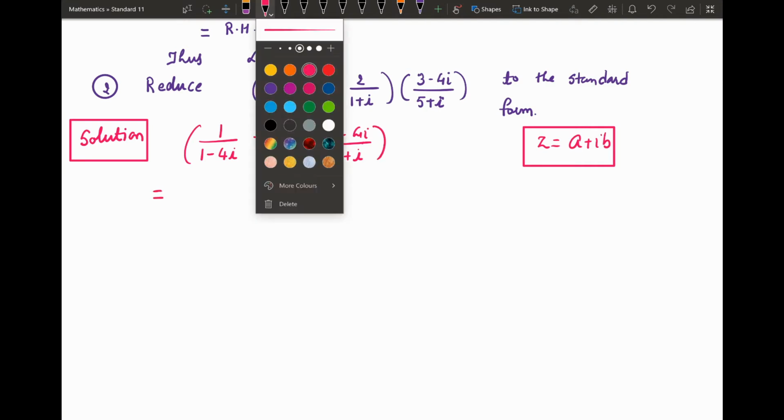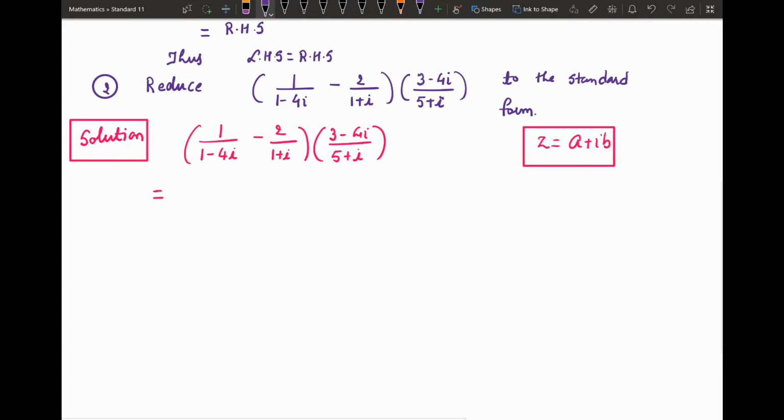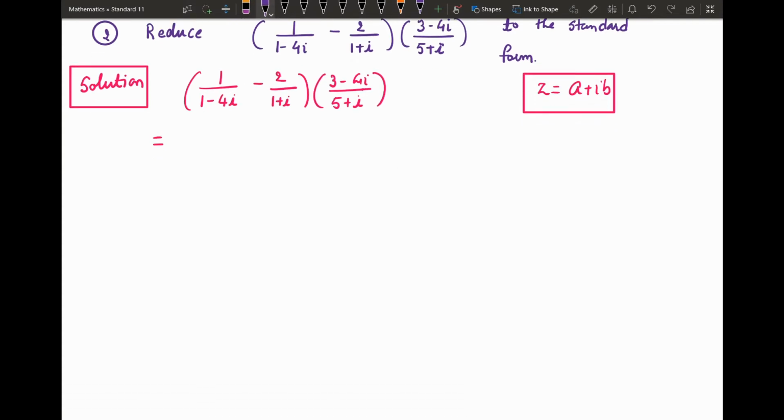So let us simplify this one. So here we use conjugate of denominator. So for 1 minus 4i you can take LCM, or at the same time you can also use conjugate.